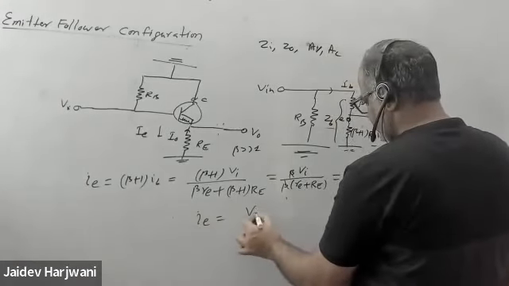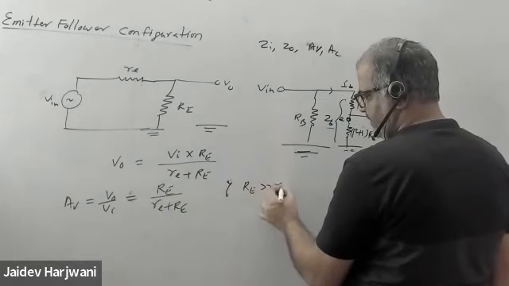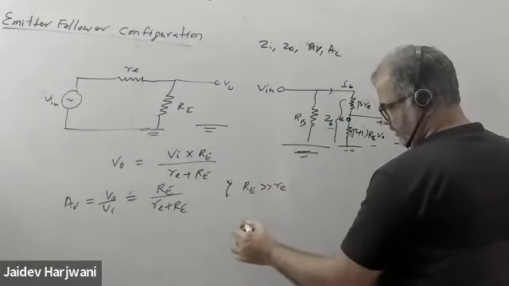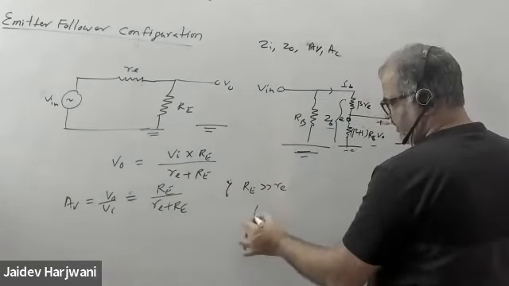Now if this RE is greater than RE, in that case your gain AV is almost equal to 1. That's why it is called a voltage follower circuit. Okay, this is the expression for gain and this is the approximation.